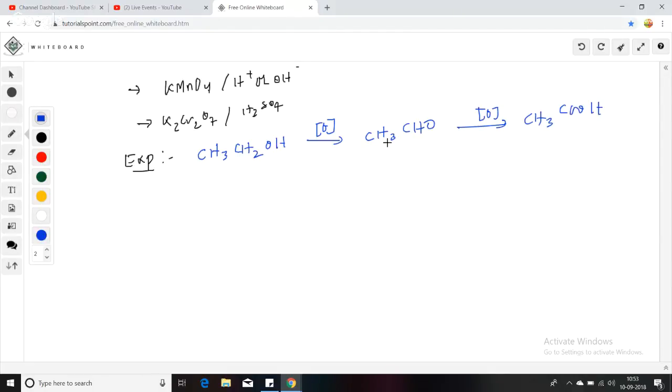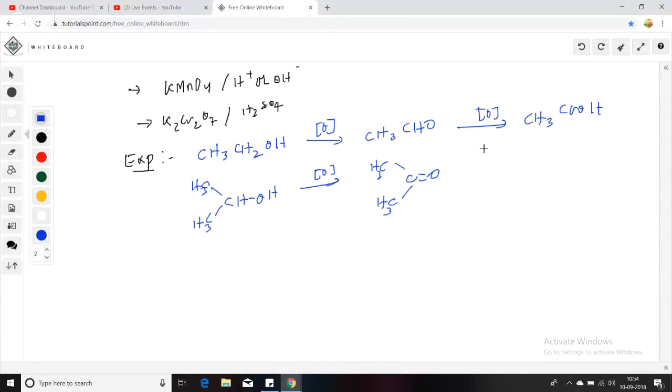Again you see the number of carbon atoms in all the compounds is the same. If you take a 2 degree alcohol, CH3CHOHCH3, under oxidation it gives CH3C double bond O CH3, ketone.